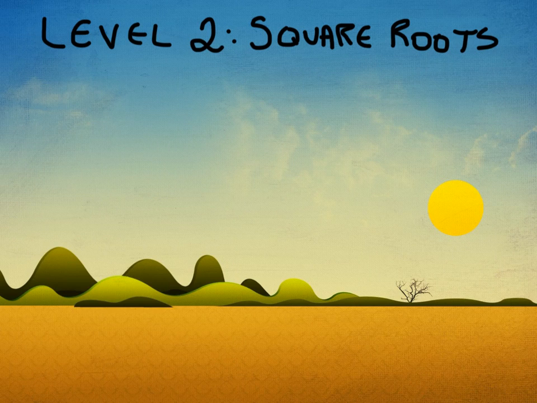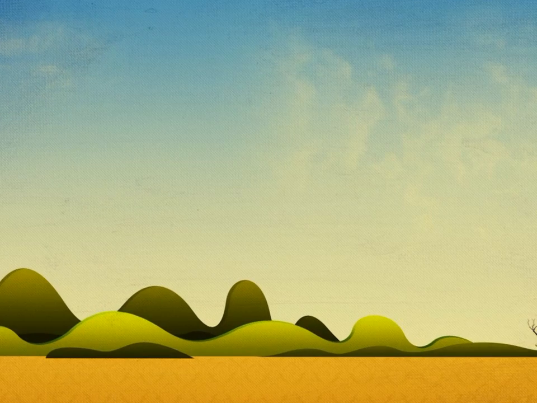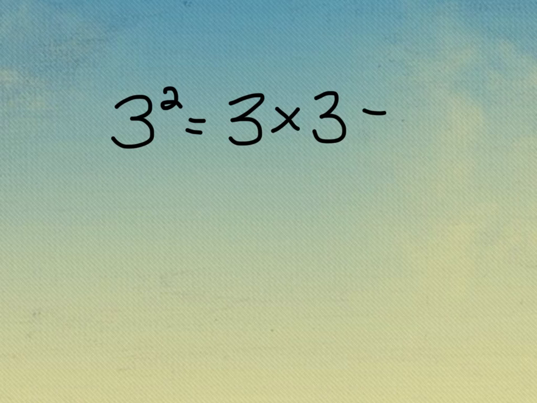In this video we're going to be going over square roots, and if you understood what it means to square a number, then this should be fairly simple for you because square rooting a number is the exact opposite of squaring. For example, 3 squared, if you remember from the previous video, means we would have to do 3 times itself, which would be 9.